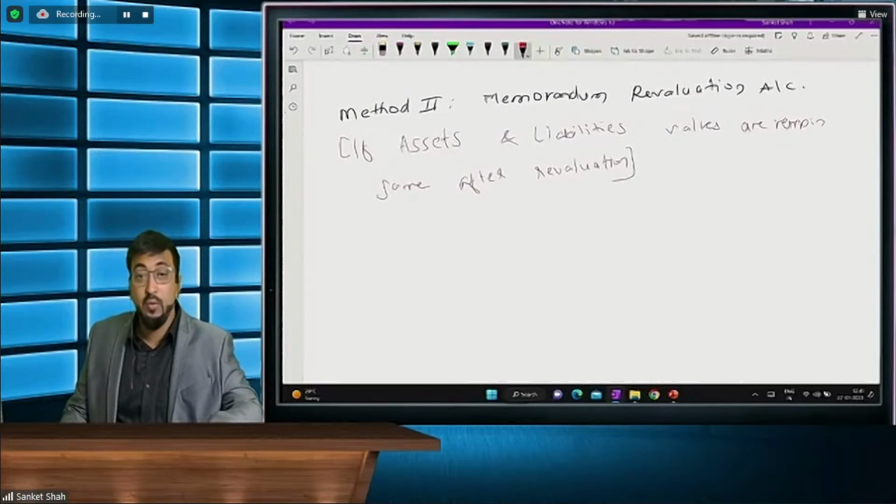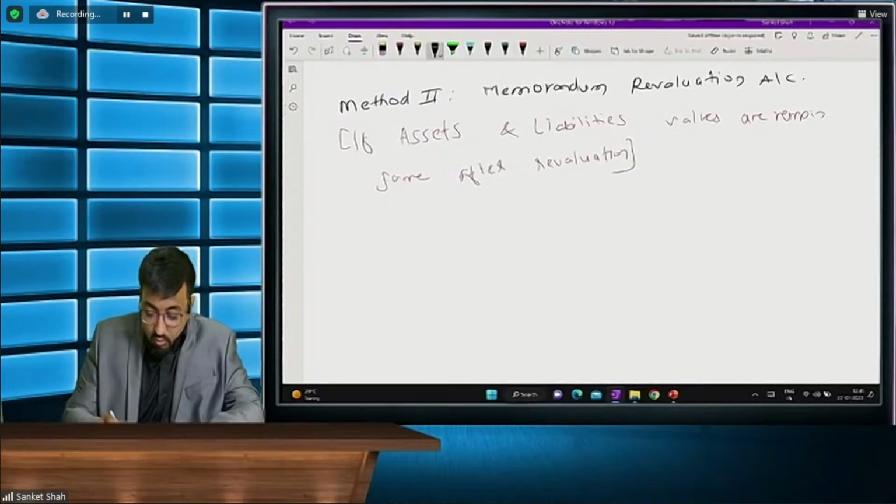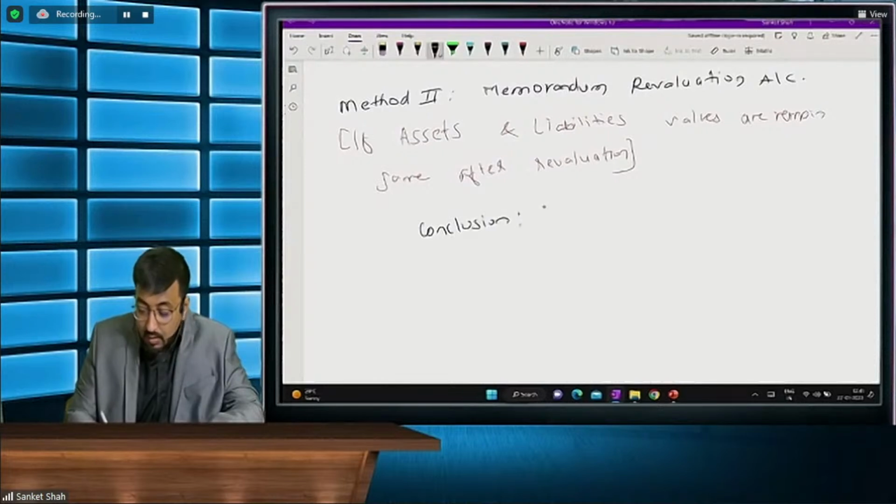तो बेटा we will do whatever revaluations. What is the conclusion here? Conclusion: revaluation profit. Now, what is a profit on revaluation in our case?